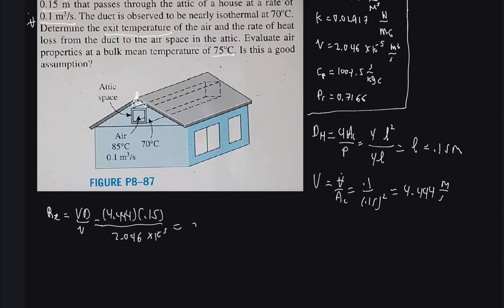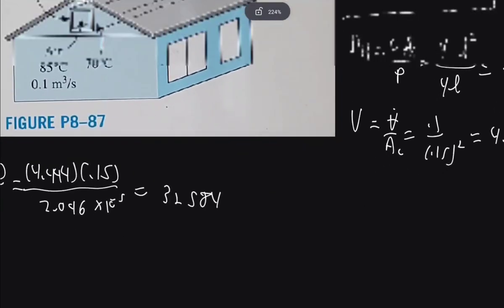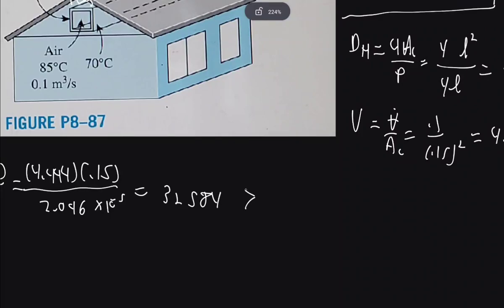That gives a Reynolds number of 32584. This Reynolds number is greater than the critical Reynolds value. It's greater than 10,000, so that means this is turbulent.